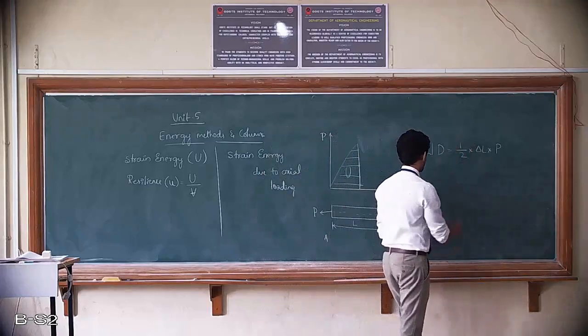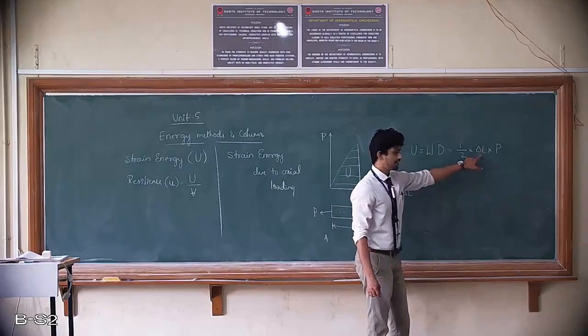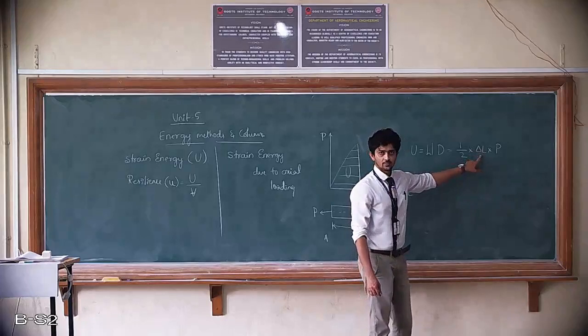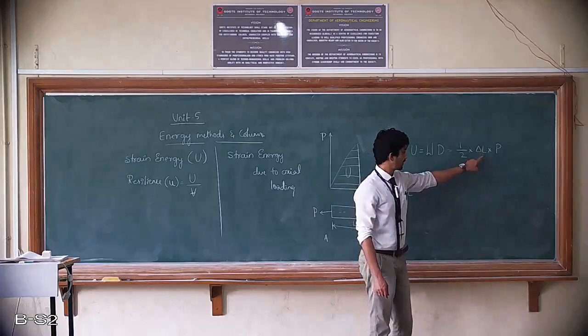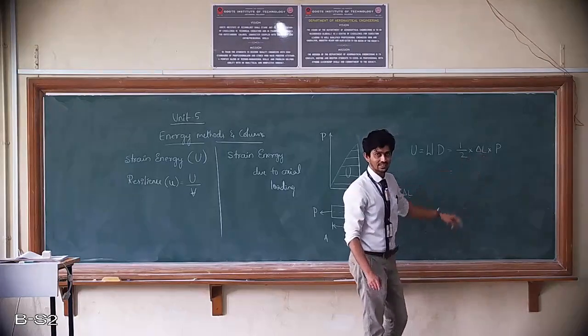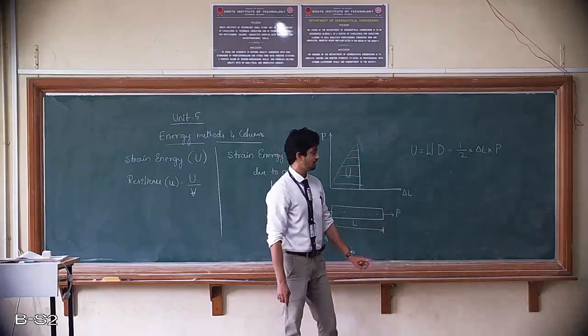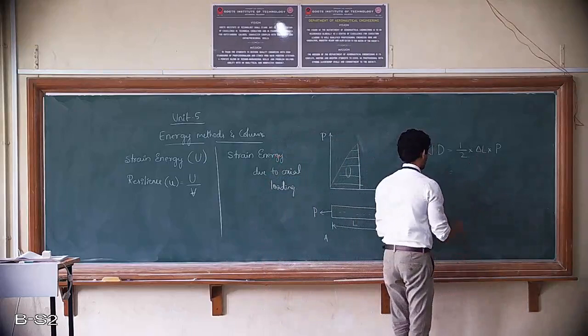Now we have also deduced an equation for change in length. If you recall the mechanics of materials subject, we defined the change in length, again within the elastic limit, for a linear elastic material. It is not non-elastic, it is an elastic material within its elastic limit.